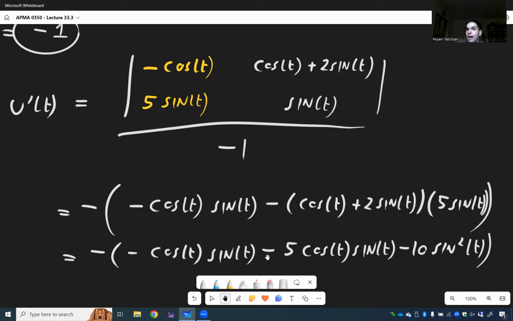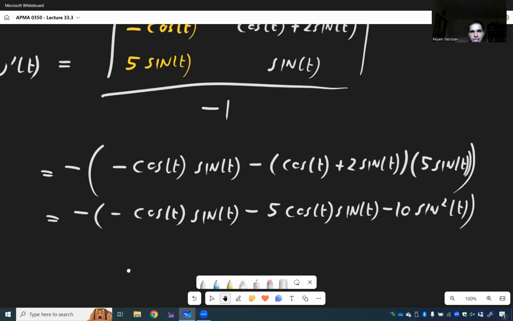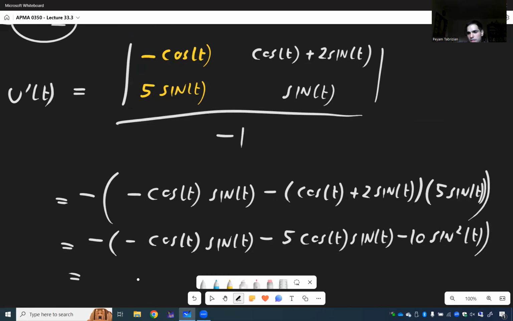So minus 1 minus 5, that's minus 6. And with this minus 1, in the end, it becomes 6 cosine t sine t plus 10 sine squared t.